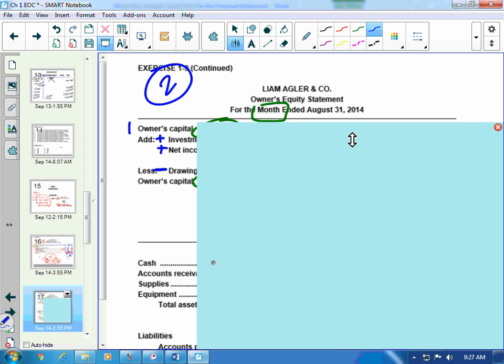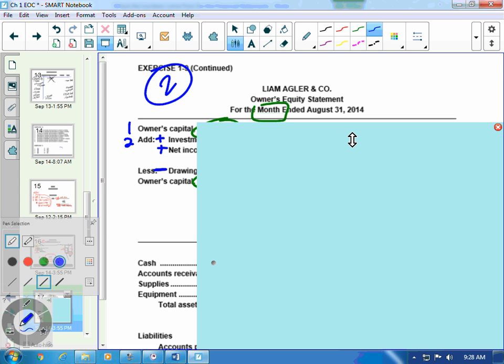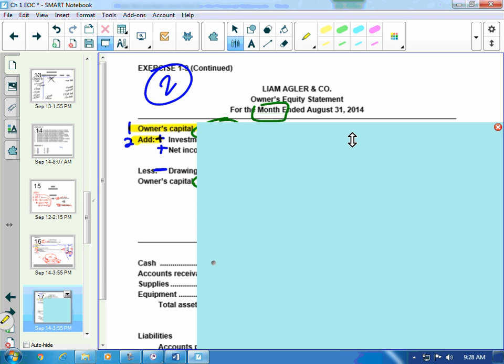On line 2, oh, before we do that, I want you to highlight that heading. On line 2, I want you to add the word add, and then go ahead and highlight just that.